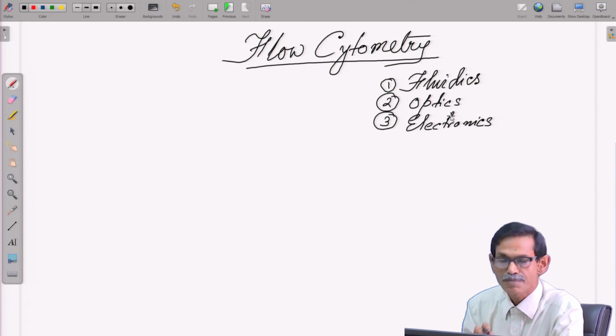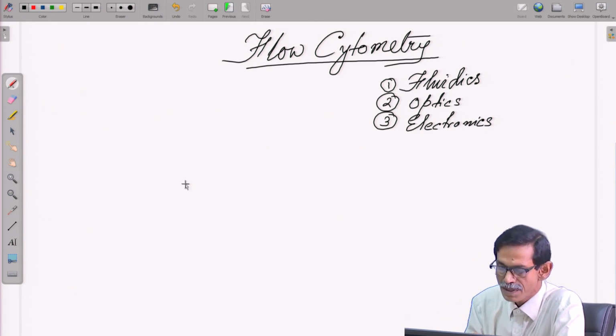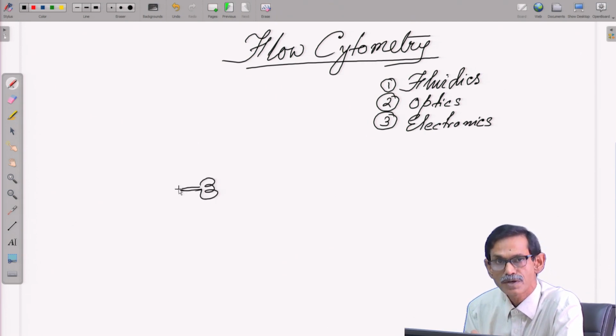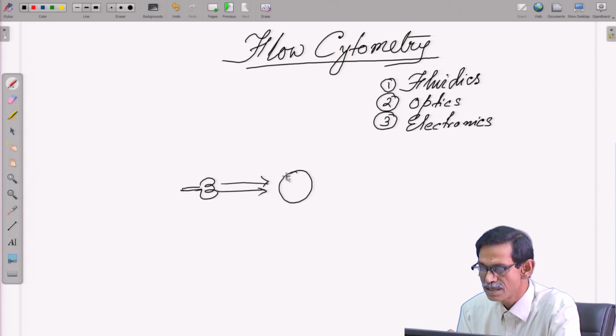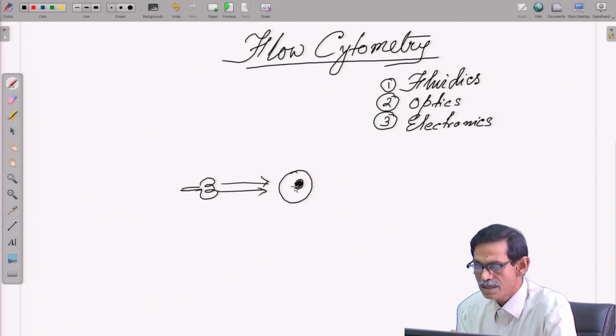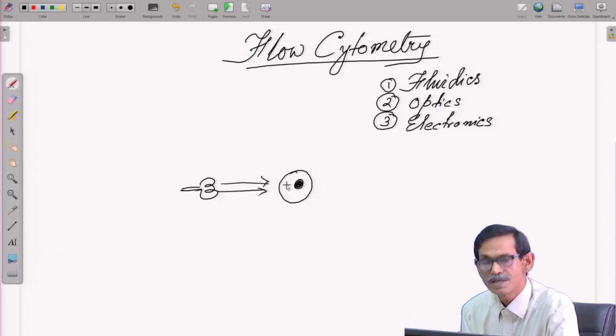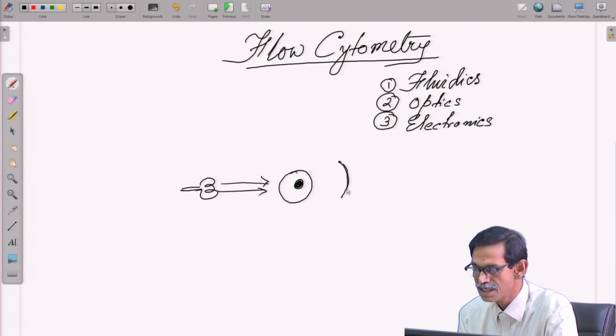What is there? The basic unit is, so there is a light source. Okay. So, light is going along a path. If there is a cell, suppose this is the nucleus, this light will interact with this cell, and there is a detector. This is a common setup I am describing. There is a detector here which will detect the signal.